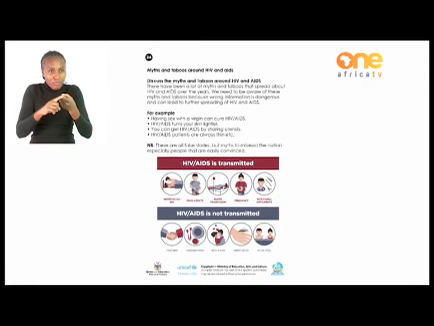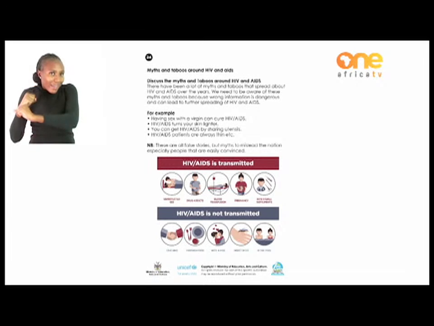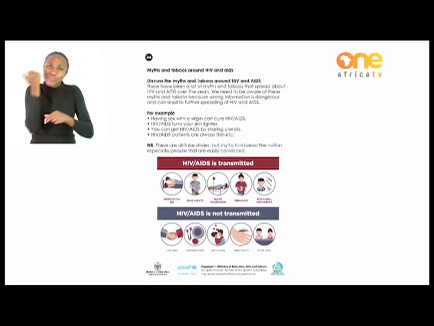Unprotected sex. When you practice unprotected sex, you are at risk of contracting HIV because bodily fluids are being exchanged. Drug addicts. During the use of drugs, this affects your brain, it alters your judgment, and lowers your decision making.